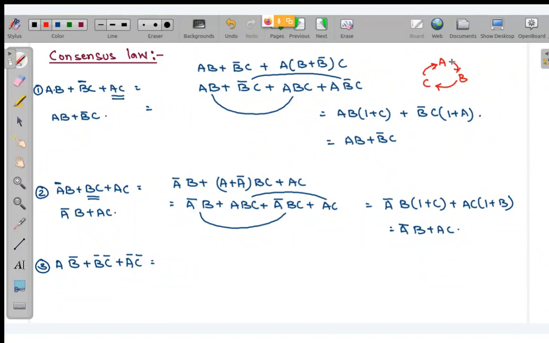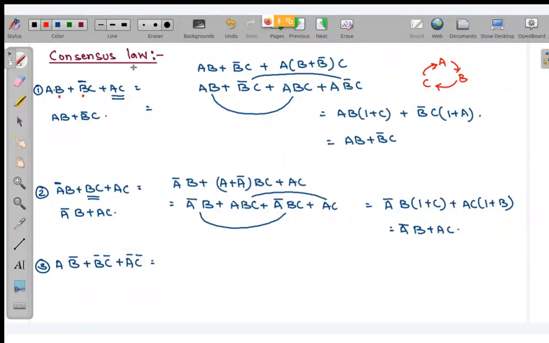If it is three variables, you can see this will be AB, BC, AC. Along with that, out of A, B, C, only one of the variables has a normal term and a complemented term. Over here it is B. You can see this B has complement and this B has non-complemented form.